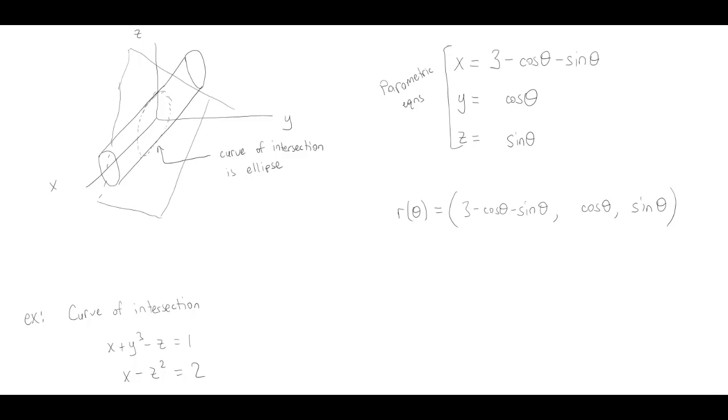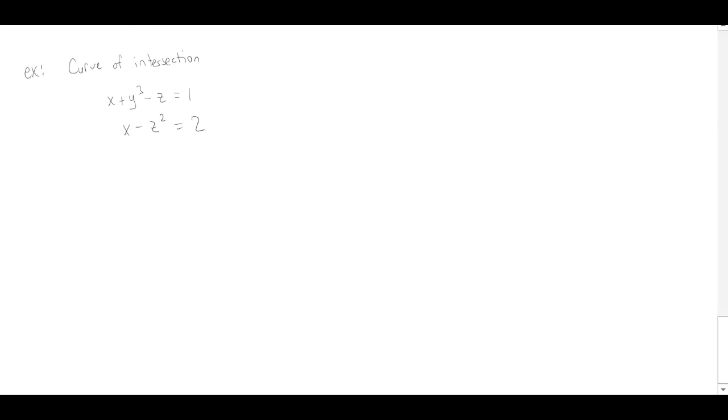So I just want to show you one more technique for trying to get a parameterization of a curve. This technique is a little bit hard to apply when your equations are complicated, but it's another common technique to try, okay? So the strategy is to choose one of the variables to be your parameter, all right?